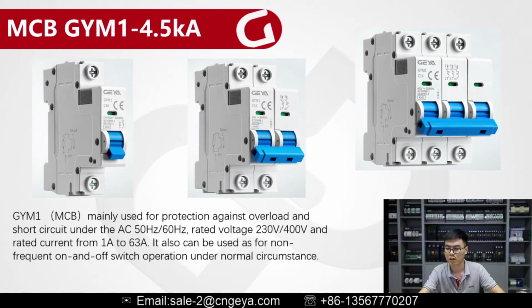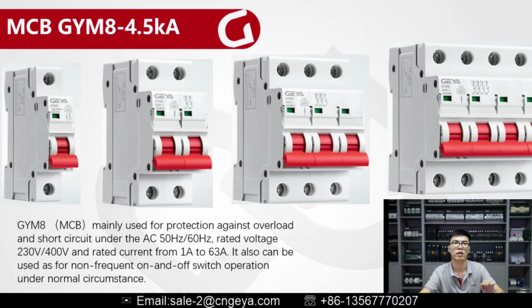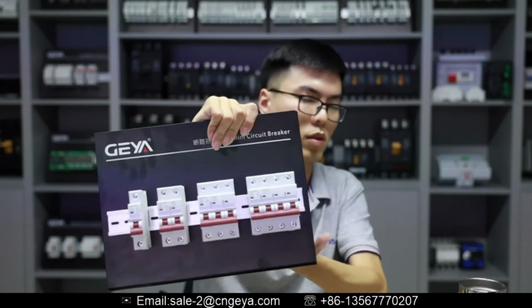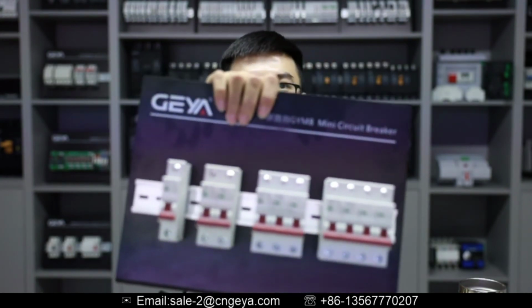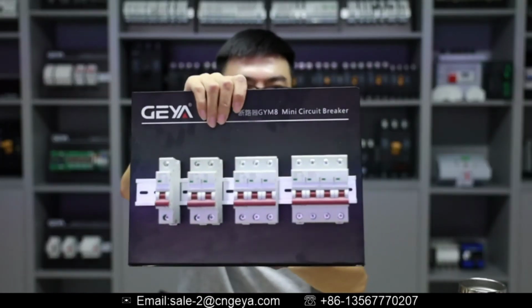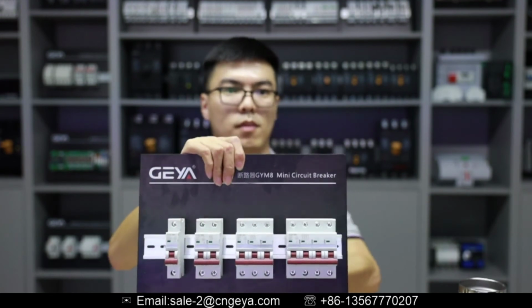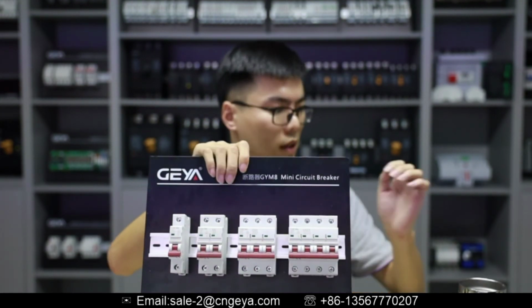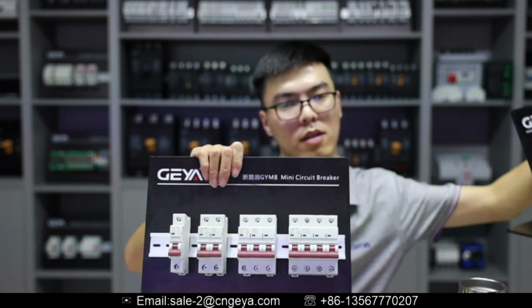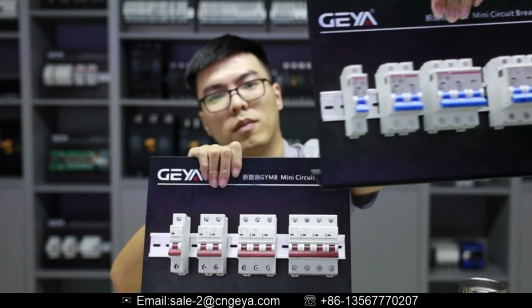And after the GM1, we introduce the GM8. It is also 4.5 kA. The difference. First, you can see the GM8 model. And this one is GM1 model.